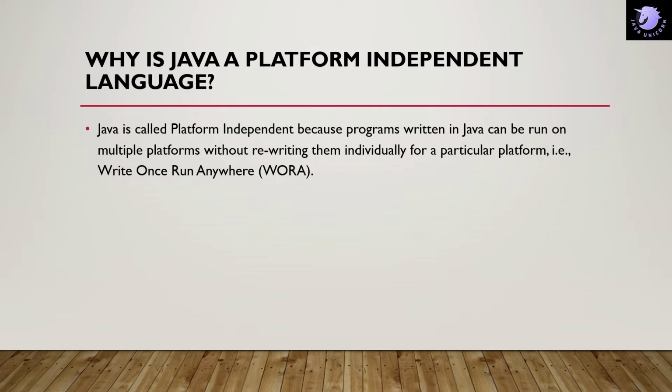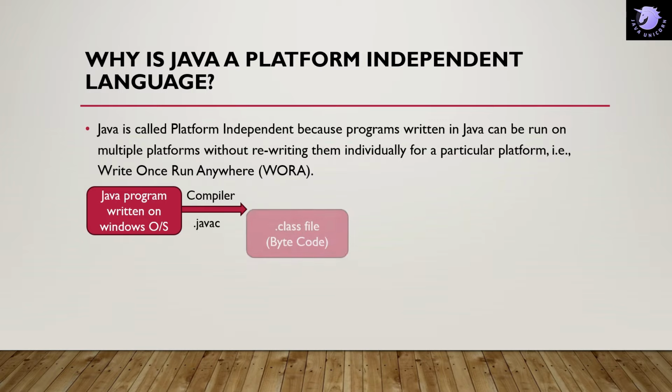We can understand it through a diagram here. Let's say we have a Java program written on the Windows operating system, and we compile this Java code using javac. Once we compile it, it will be converted into a .class file, and this .class file will contain the bytecode.